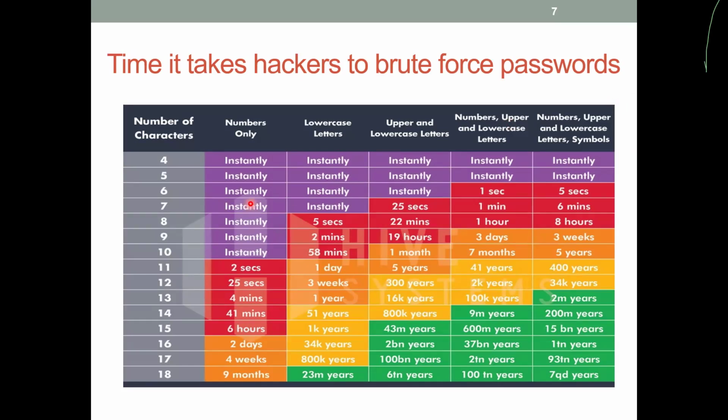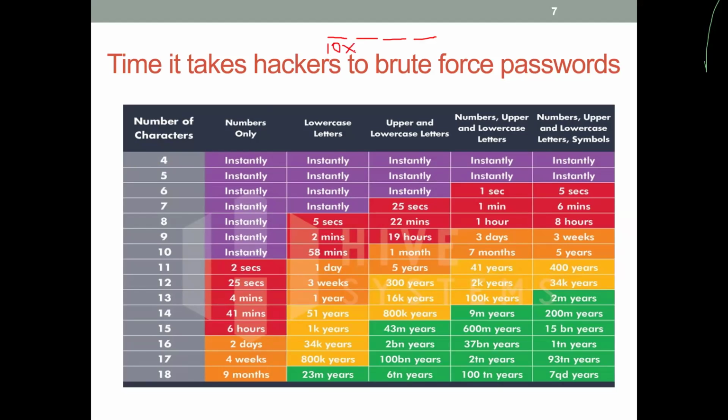So just look at here. If you are using a four-character password, and only numbers, you have only four digits. What are the different possibilities we can put here? 0 to 9, altogether 10 combinations.